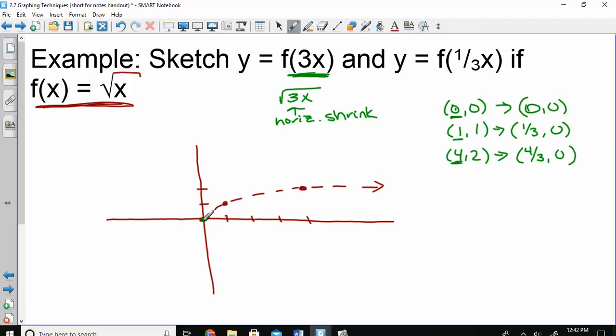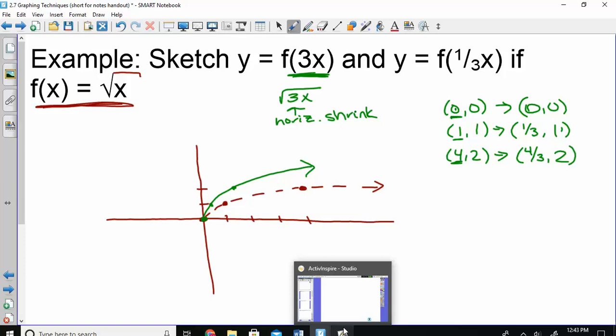So those are the points on my final graph: (0, 0), (1/3, 1), (4/3, 2). I just took it and I squished it horizontally. So it had to get taller because we squished it in.